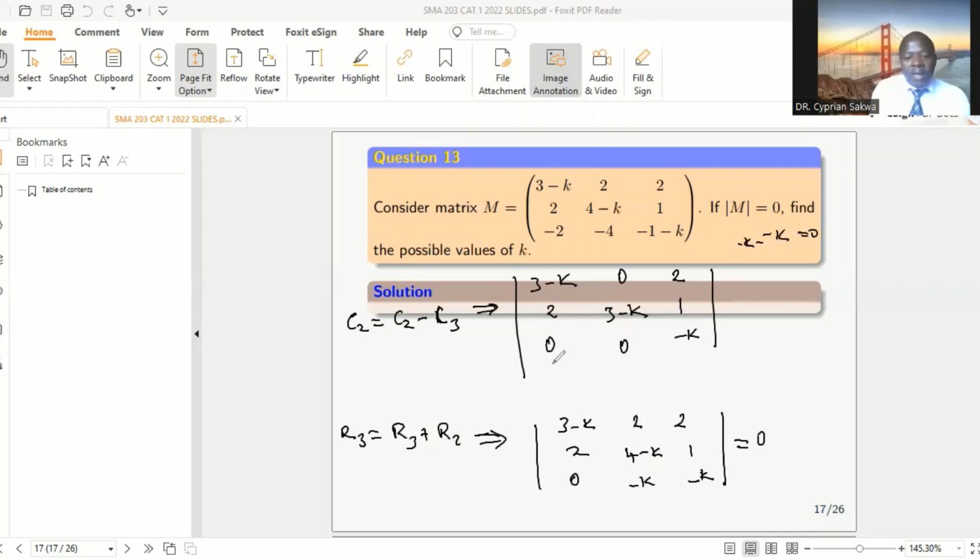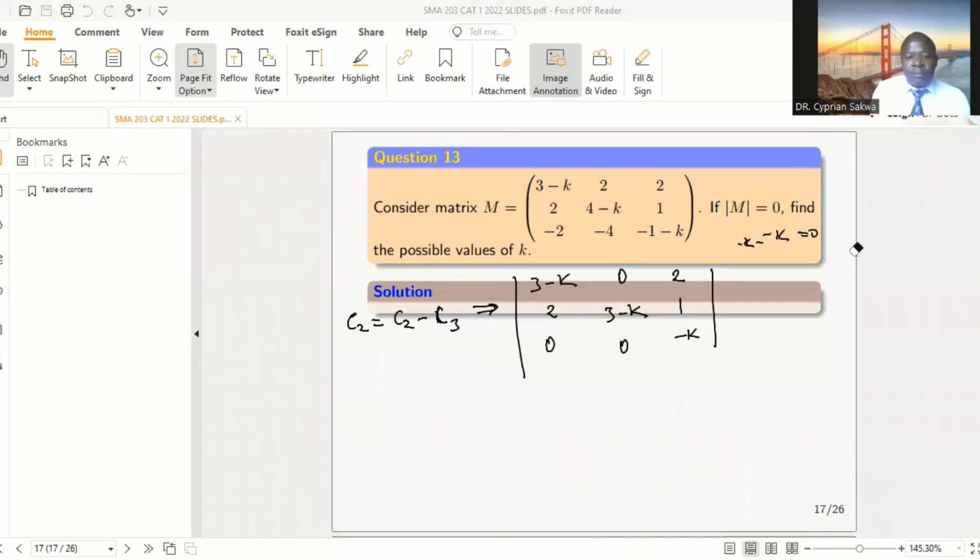Now I can get my determinants along this row. Remember, it was positive, negative, positive, negative, positive. So let me create some space. So it's positive, negative, positive, negative, positive.